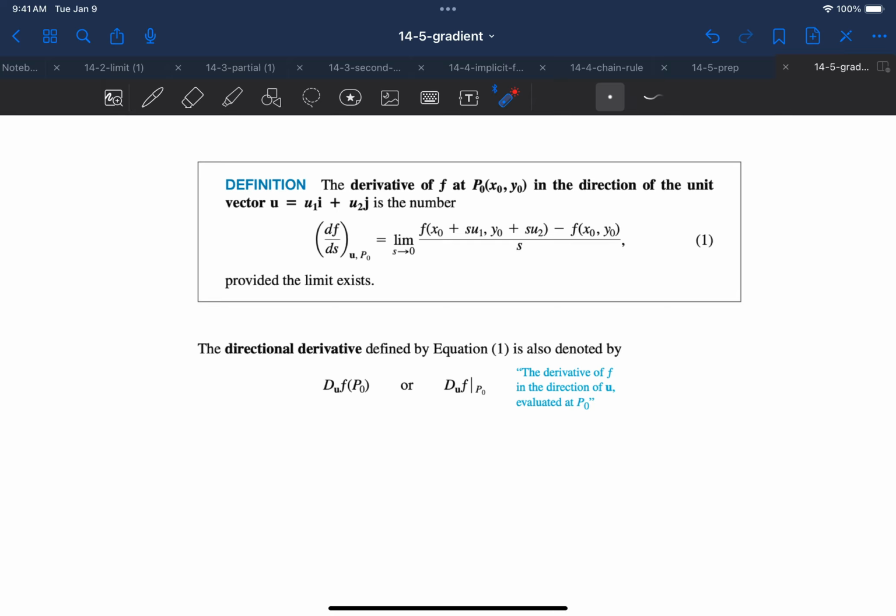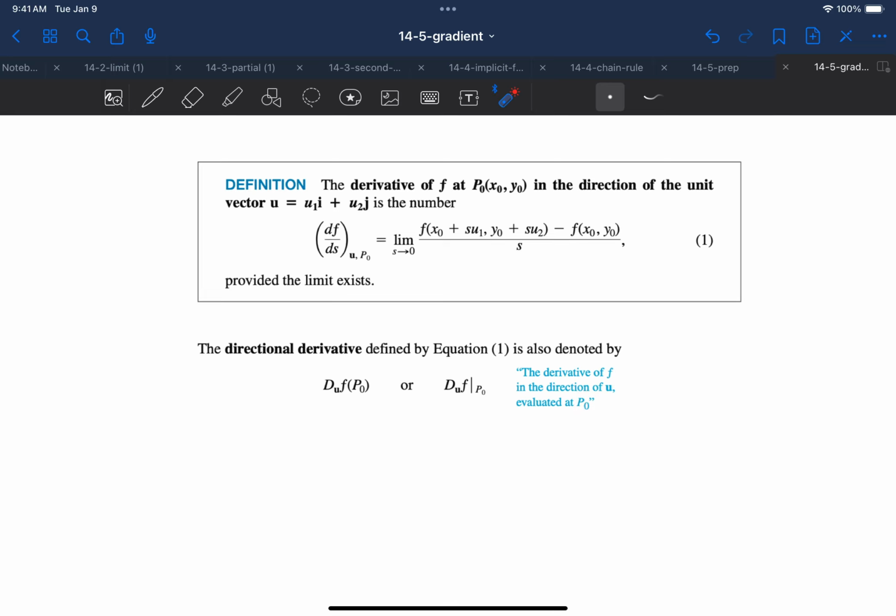This is the formal definition, and the notation is usually adopted by textbooks in either way. D_u f(p0): D is differential, u is the direction you're moving, f is the function or mountain surface, and p0 is your current position. Or you can write D_u f with p0 as a subscript after the bar. It's called the derivative of f in the direction of u evaluated at p0.